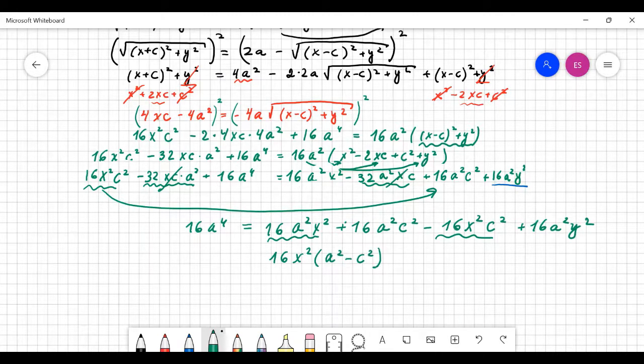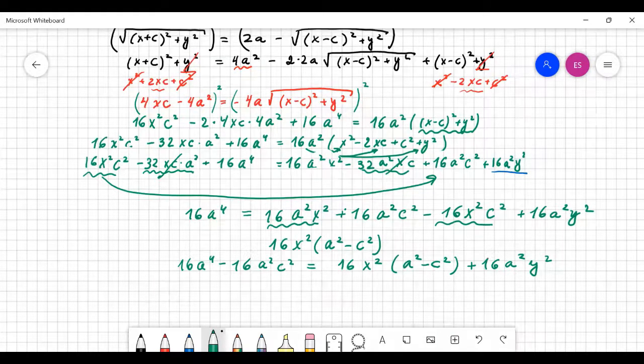Okay, I'm going to move this term 16a squared c squared to the left side. So I'm going to have 16a to the power of 4 minus 16a squared c squared equals 16x squared times a squared minus c squared, I copy this one, and plus 16a squared y squared.